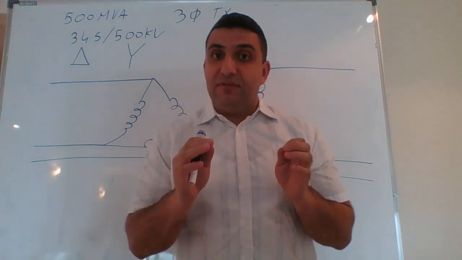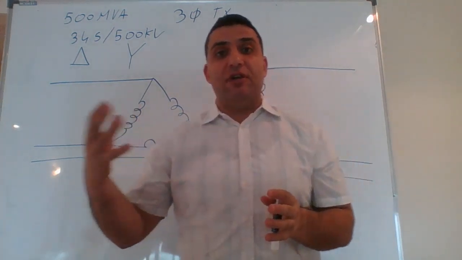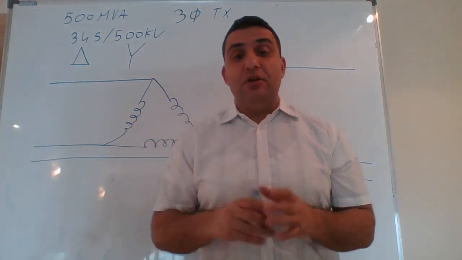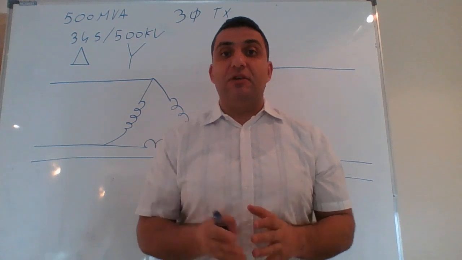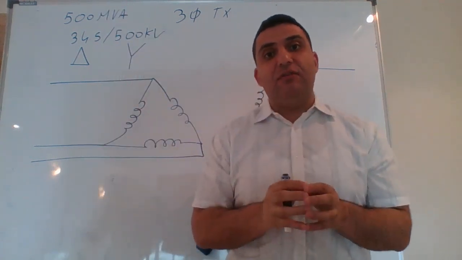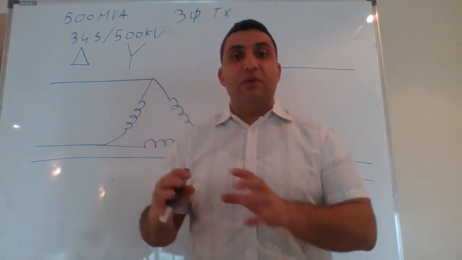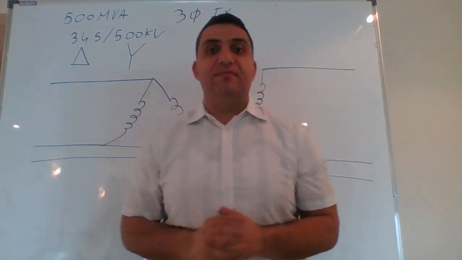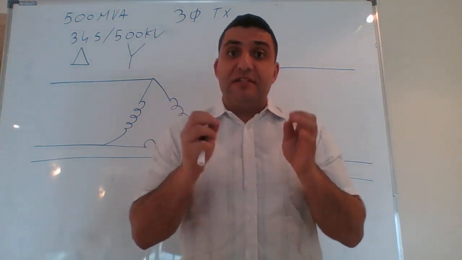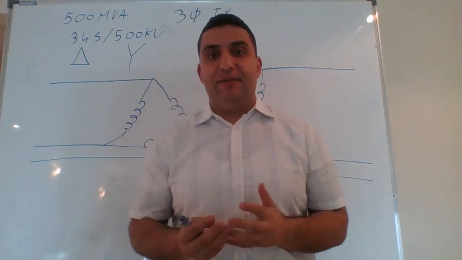The inrush current is due to the magnetic field going into saturation. When that happens, the current magnitude on the primary side will go up, and the magnitude of this current will depend on the magnetizing curve of the system under saturation. This inrush only happens on the primary side, not on the secondary side.